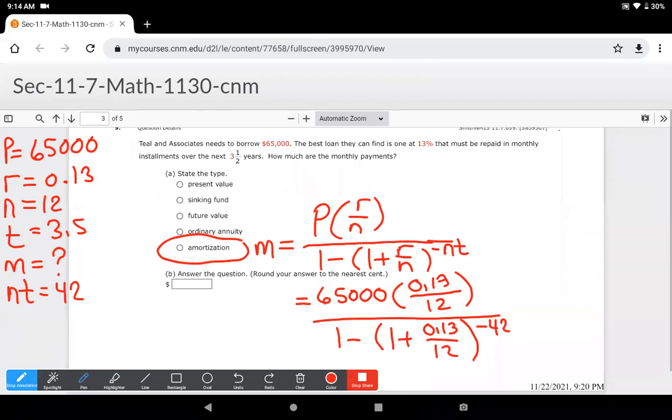When I put this into the calculator, I get the value 1934.54.